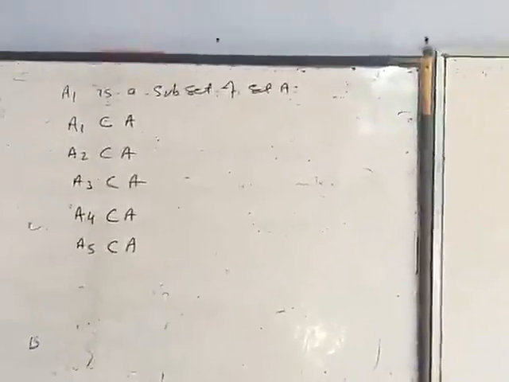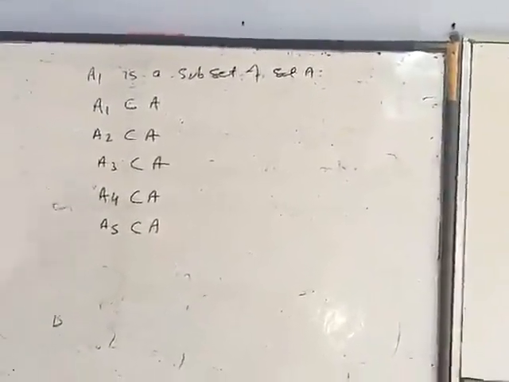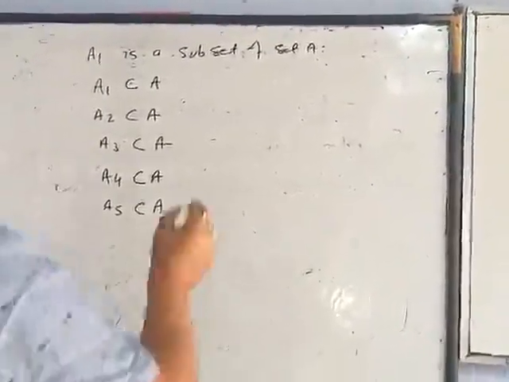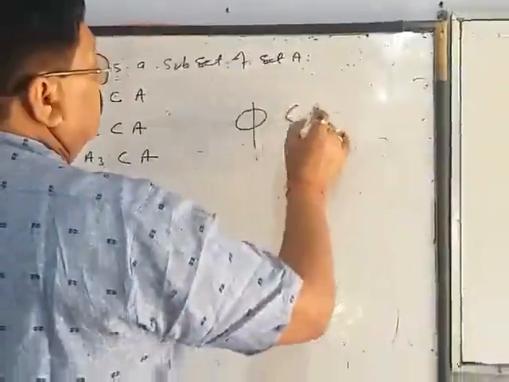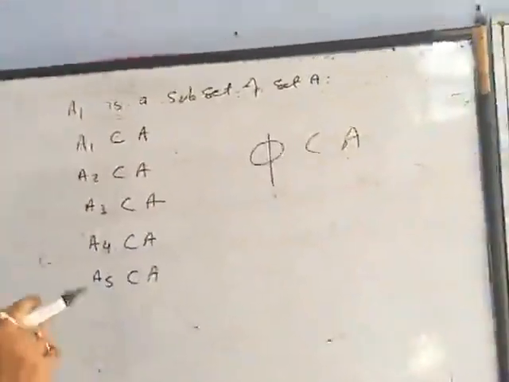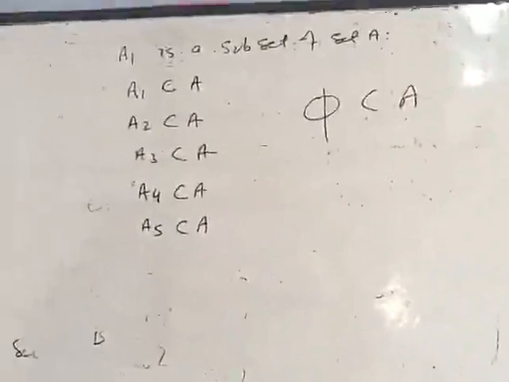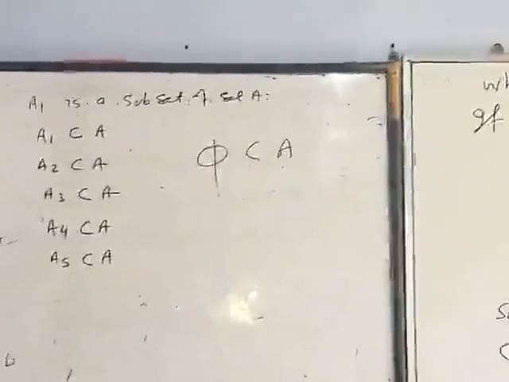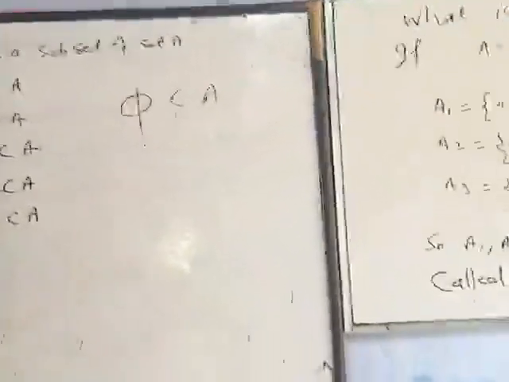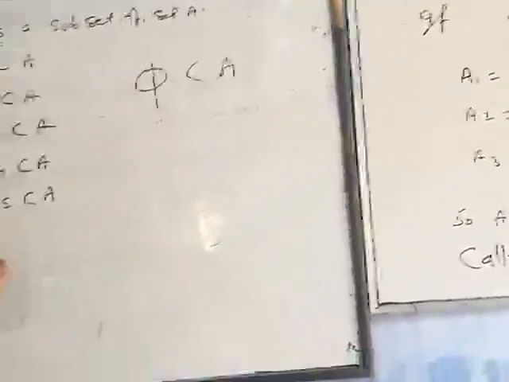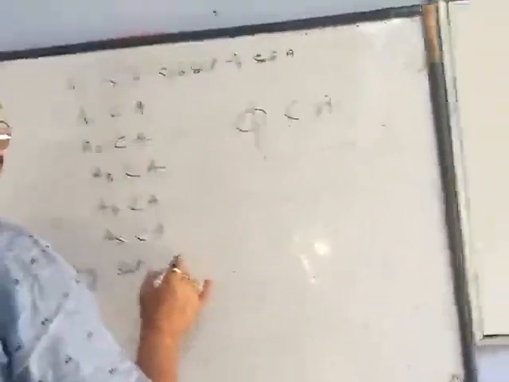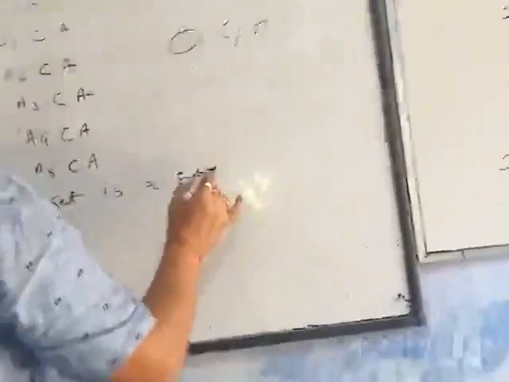Every null set is a subset of each set. The null set is a subset of each set. Also, any set is a subset of itself.